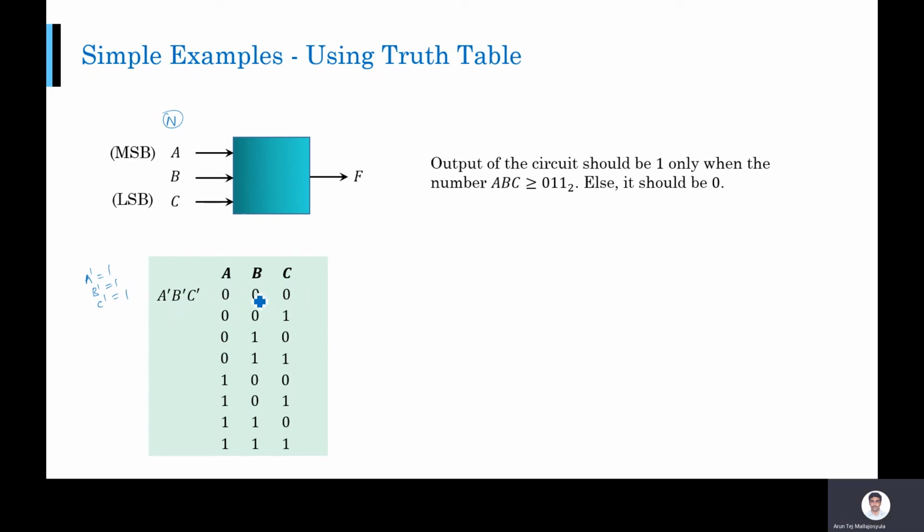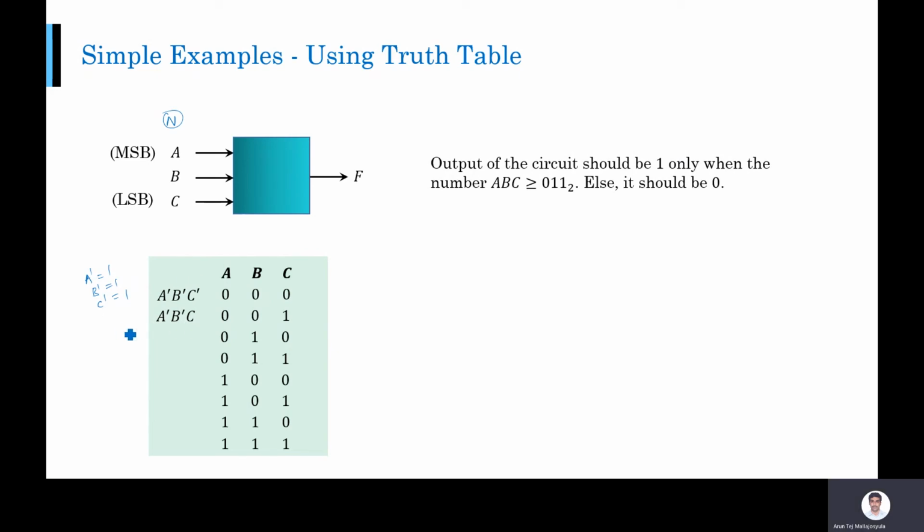When you get this combination, A dash, B dash, C dash is going to be 1. So if my function is to be equal to 1 for this particular combination, then I can use this term in my function. Okay, so in that way I can assign for other combinations also. So A dash, B dash, C will be 1 if A is 0, B is 0, C is 1, right?